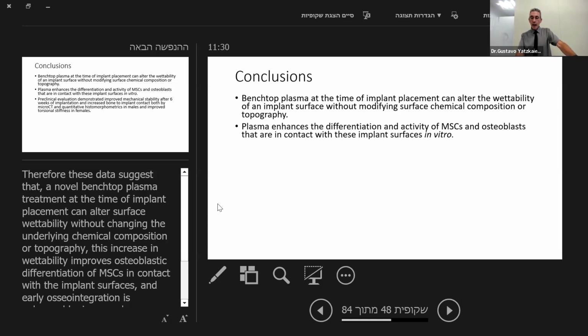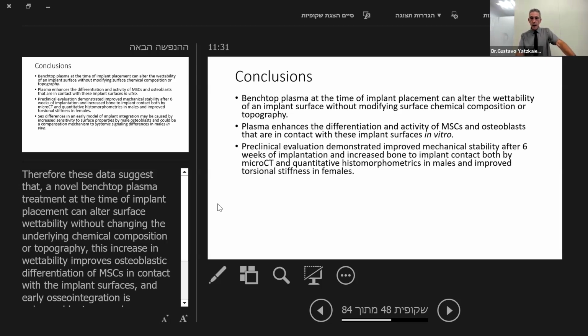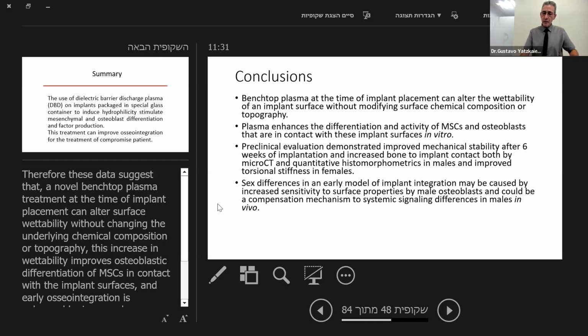Second, this plasma activation enhances the differentiation and the activity of the mesenchymal cells and the osteoblasts in vitro, but also preclinically, in vivo, we saw an improved mechanical stability after 6 weeks and an increase in bone-implant contact, also in micro-CT and in histomorphometrics in males, and improved torsional stiffness in females. The researchers thought that this difference was because the osteoblasts of the males were more sensitive to those changes.